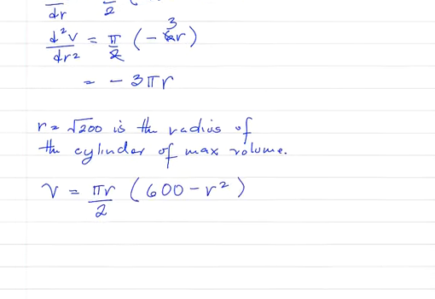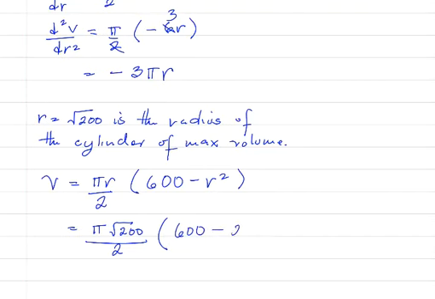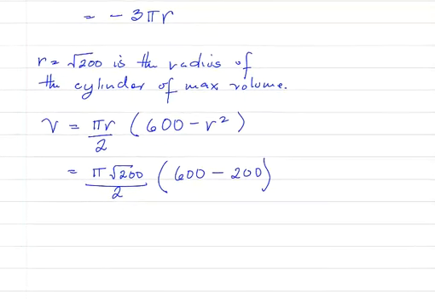But r is the root of 200. So this is pi times the root of 200 over 2 times (600 minus r squared, which would be 200). So this is 400 divided by 2, which is 200. So the answer is 200 root 200 pi.